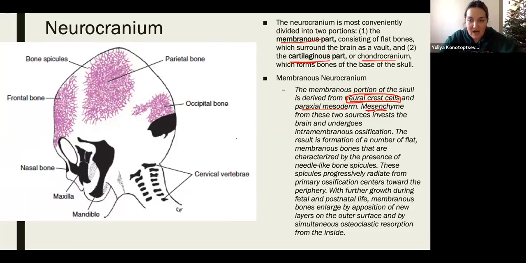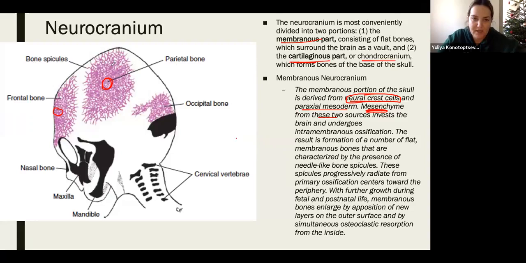So mesenchyme from these two sources, so these two things will convert to a mesenchyme, embryonic connective tissue. And this mesenchyme will start to create some kind of centers. And the name of these centers depends on the name of the future bone.